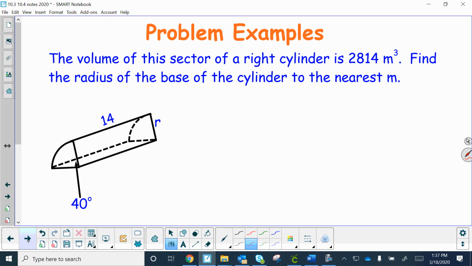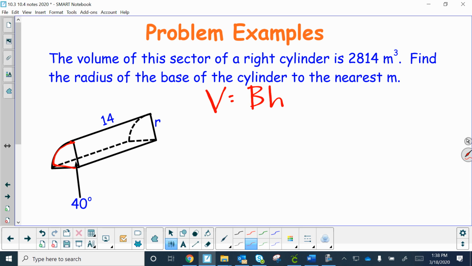We're going to do volume equals 1/3 capital B times H. Actually, no, not capital B, not 1/3, because 1/3 is only for cones.